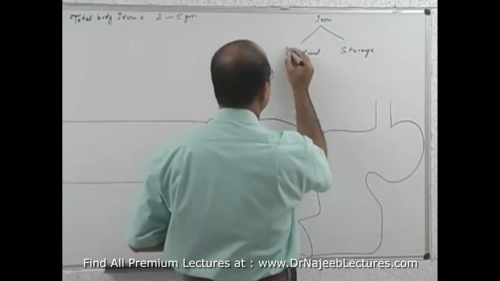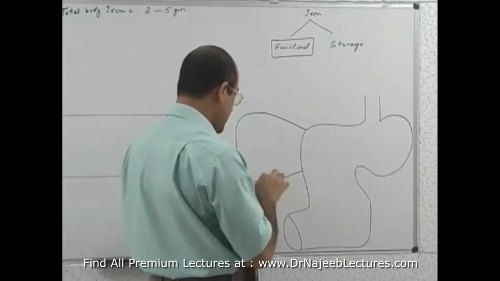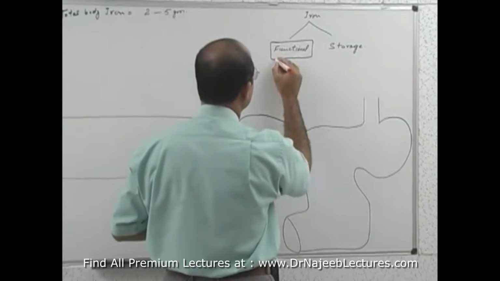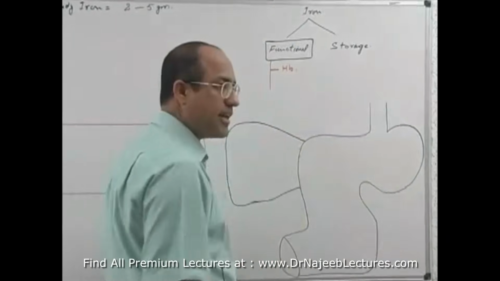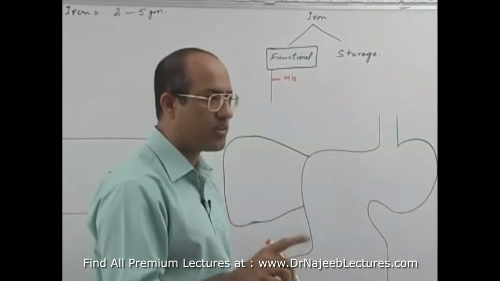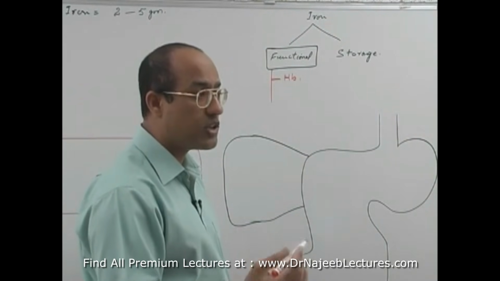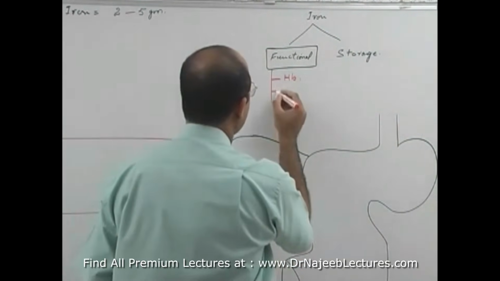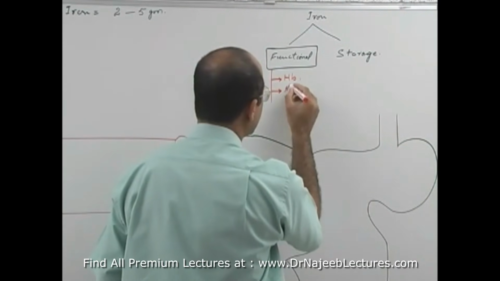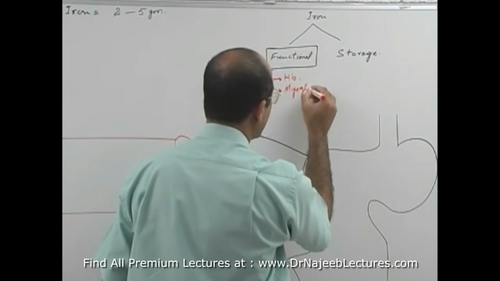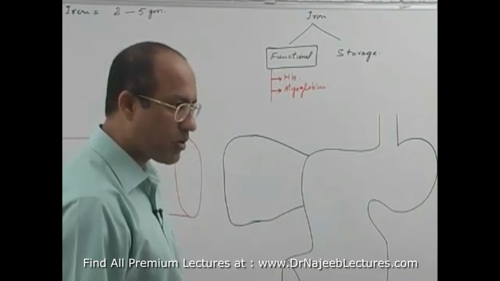The functional iron is present mainly in hemoglobin, about 70% of the functional iron. And about 5% of the functional iron is present in myoglobin.